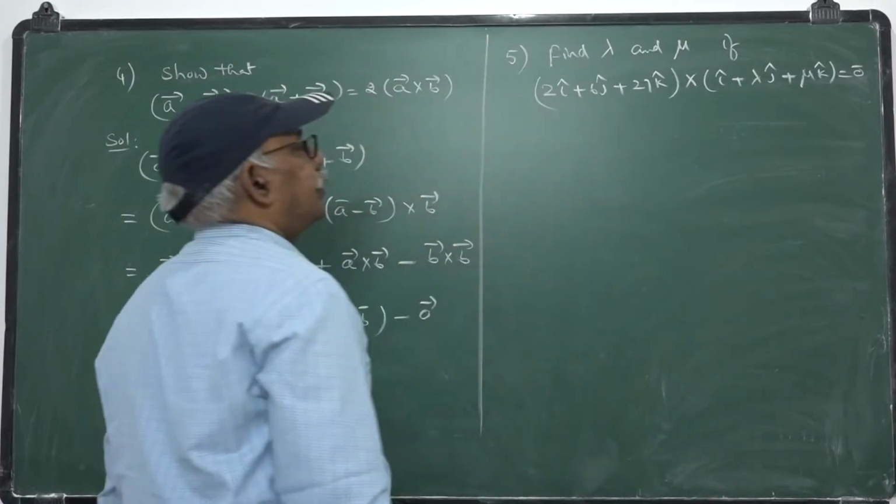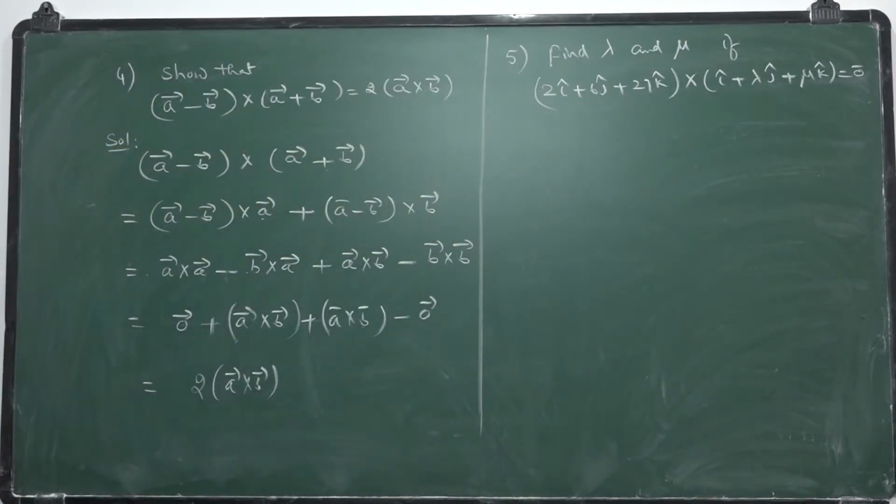Find lambda and mu if the cross product is 0 bar.